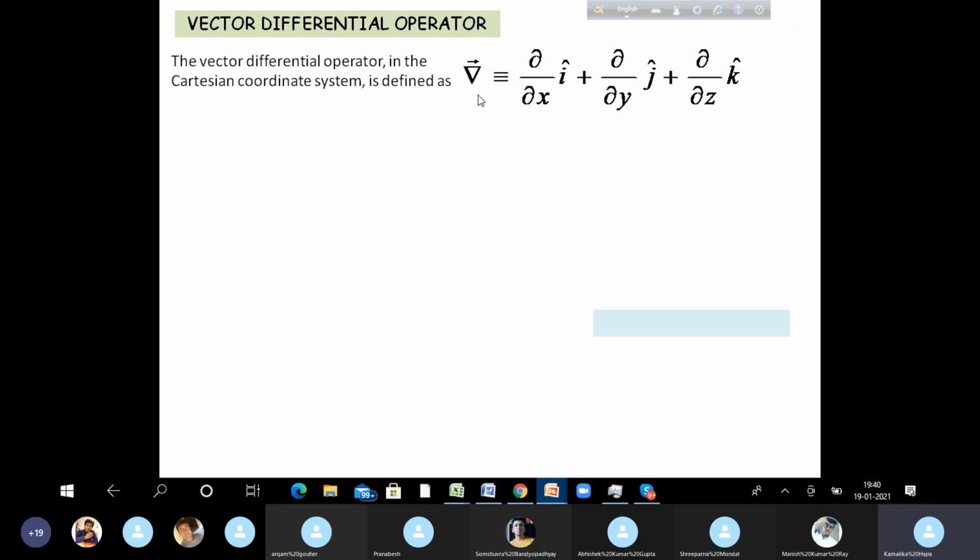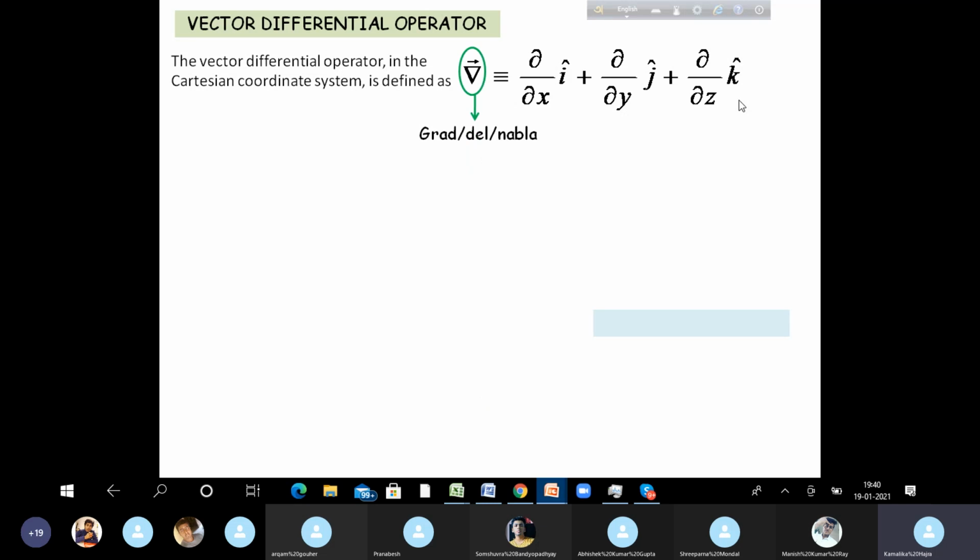Unless it is operating on some function, you cannot write equal to. So the vector differential operator is represented as ∂/∂x i cap plus ∂/∂y j cap plus ∂/∂z k cap in the Cartesian coordinate system.